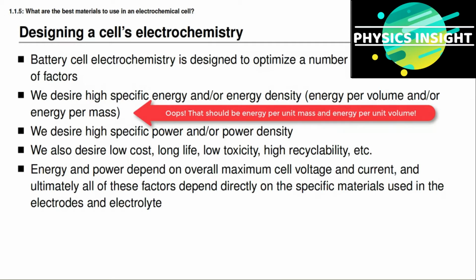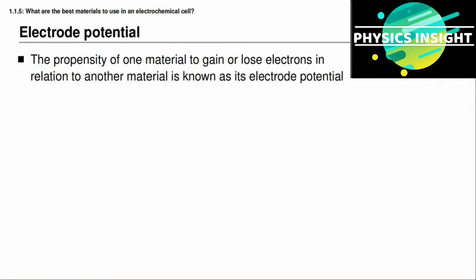And ultimately, how much voltage I get out of a battery cell depends on the specific materials that I use in the electrodes, and how much current I get out of the battery cell usually depends on how the cell is constructed.